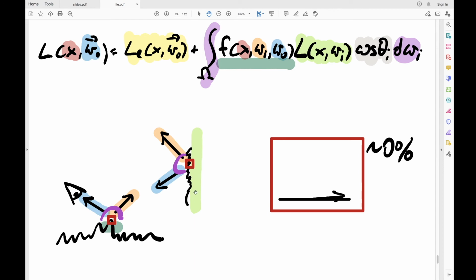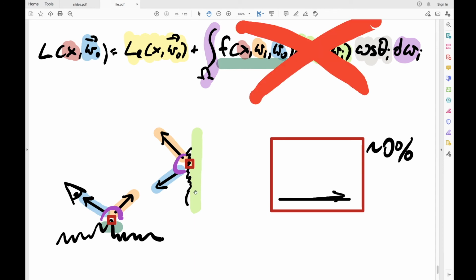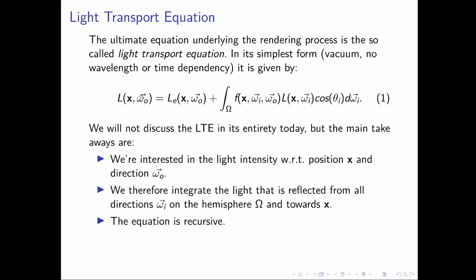This can be a real showstopper for our computation and adds to the complexity of the light transport equation. And that should provide us with enough intuition to understand the light transport equation, at least to the degree that we need to understand it for this lecture.